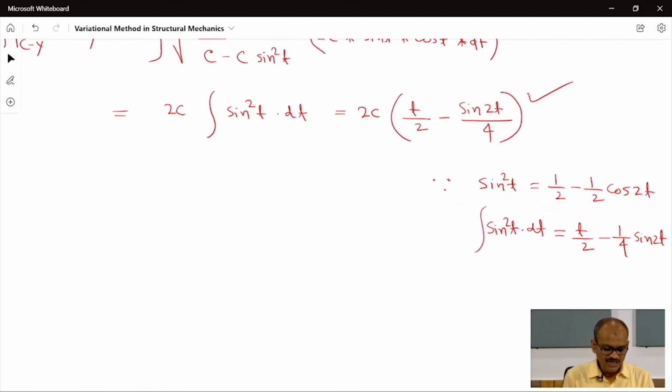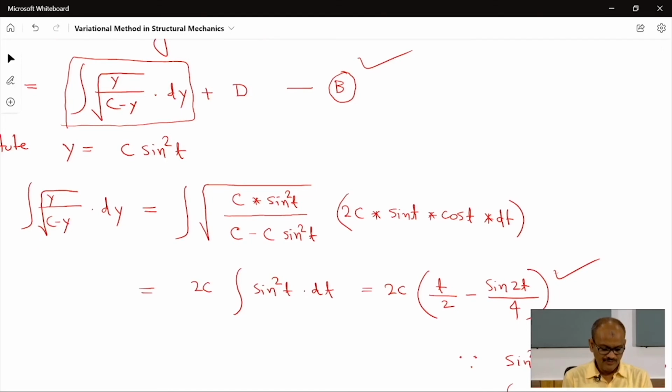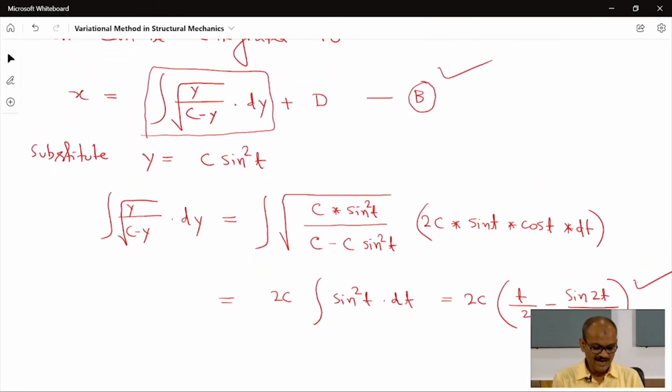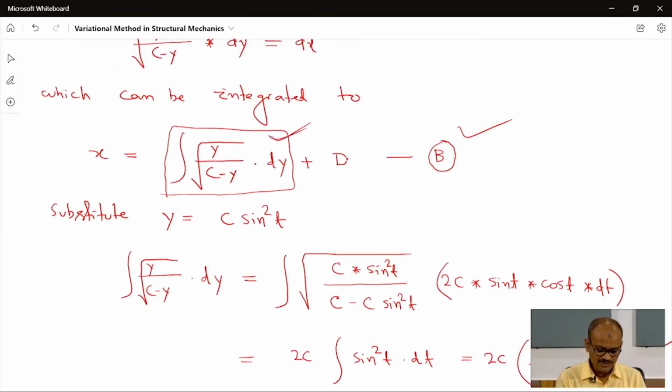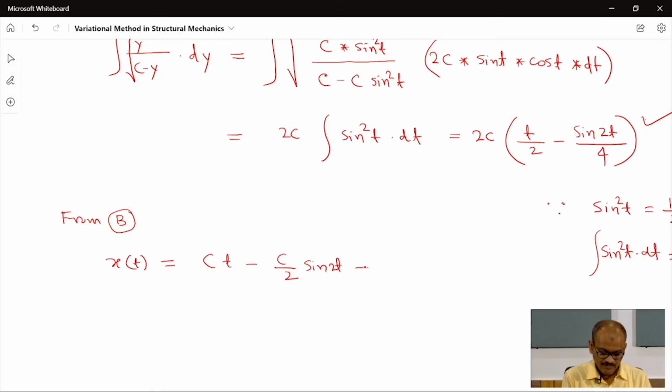Now, from equation B, we substitute the value we got here. This gives x of t is equal to c t minus c by 2 sin 2t plus d, with y of t is equal to c sin square t, which we had assumed first.